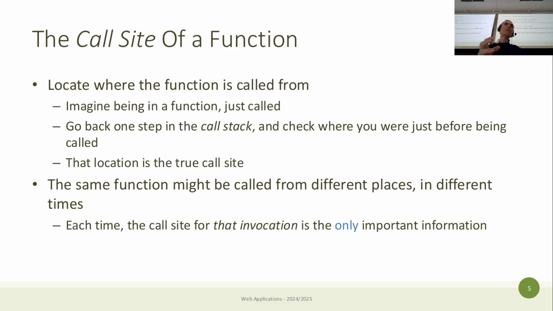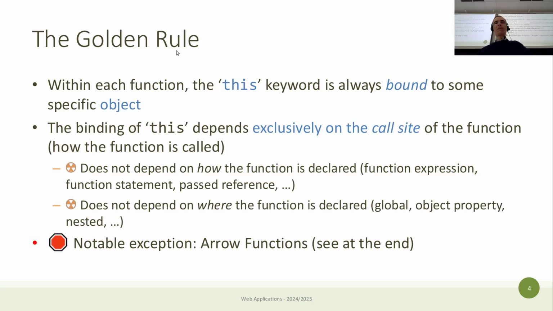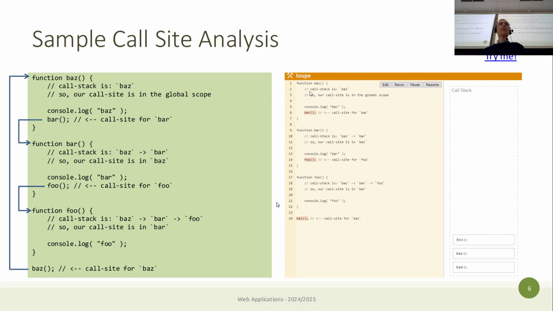So you are inside the function and you need to think where and how the function was called. That's the rule, basically. The golden rule. That means the rule that covers everything except arrow functions.